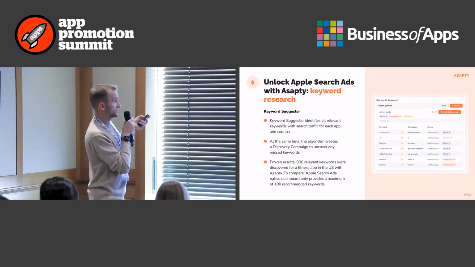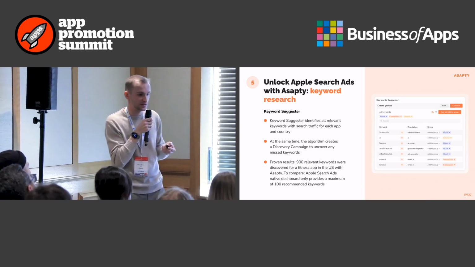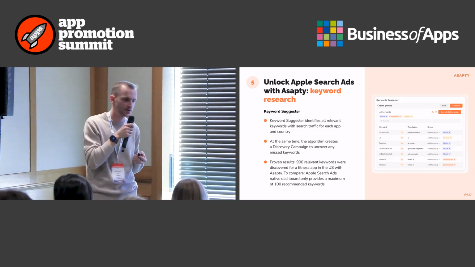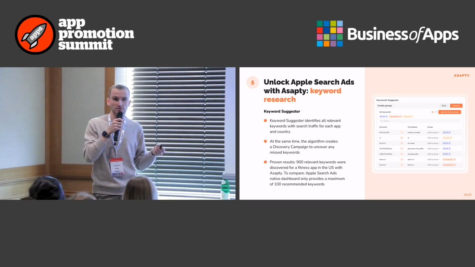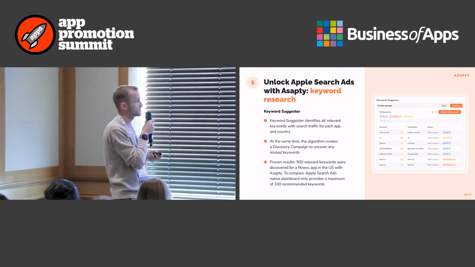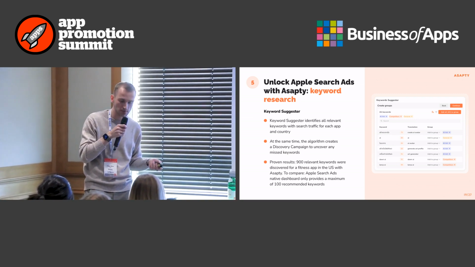And keyword suggester. If you remember, in the very beginning, I was telling about this ideal situation of 1,100 keywords that you can find in Apple Search Ads that could be relevant for your app. So we are using our instrument called Keyword Suggester to find all the relevant keywords for your app in each country.